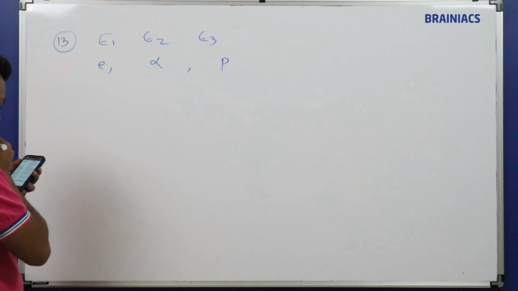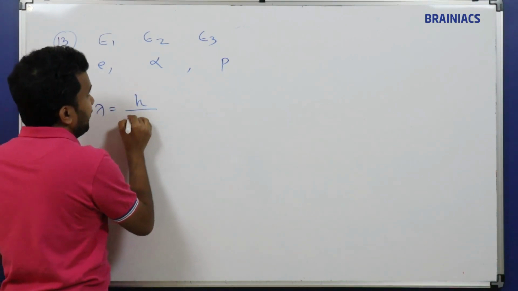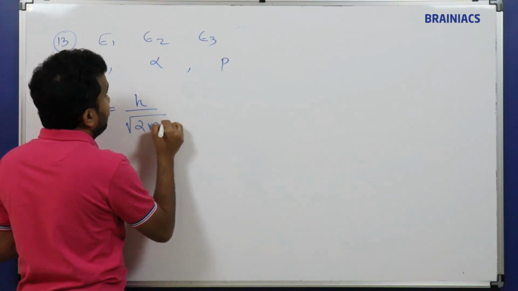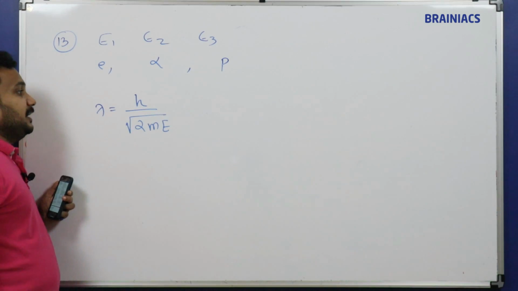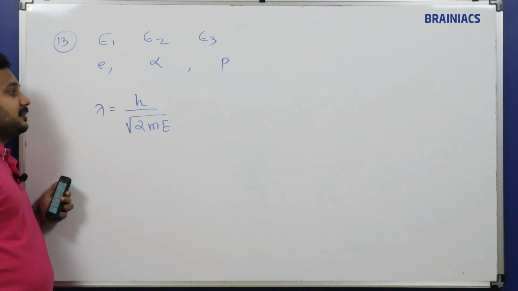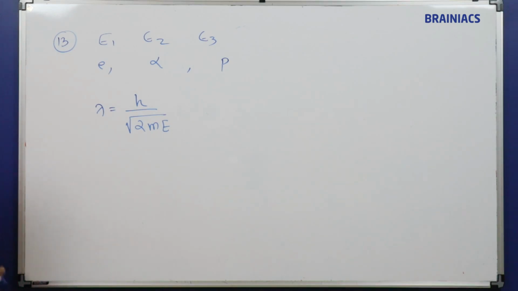So the de Broglie wavelength lambda is equal to h divided by, in terms of energy, root of 2mE. E1, E2, E3 are the energies of these particles.